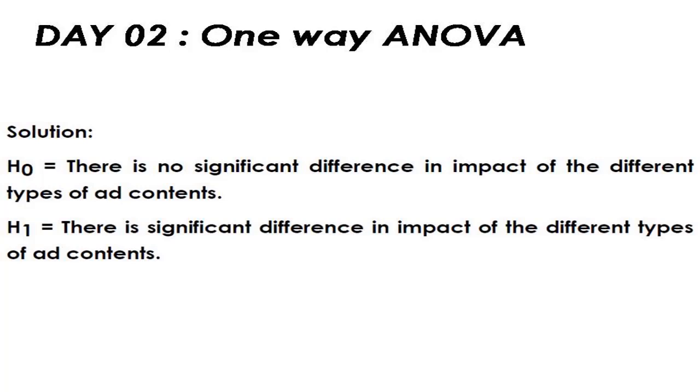So if we formulate a statement just opposite of it and say that there is no significant difference in impact of the different types of ad contents, then this statement will have the highest chance of getting rejected, and this is the most suitable null hypothesis.